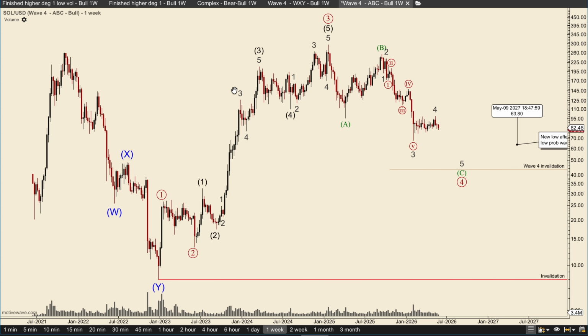And also I included here some support. So here you have the value area high at 36.99, which we can act as support, and also the range point of control on the monthly chart is at 20.93.